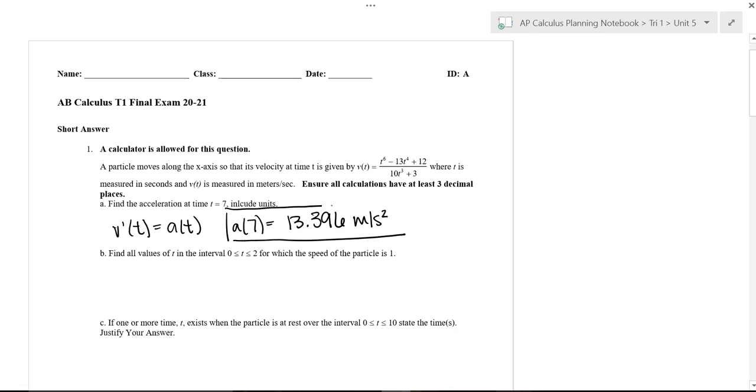Looking over at the rubric for part A, on this rubric it was 1 point for the answer and 1 point for the units. So you got 2 points total, 1 for the answer, and then 1 for units.